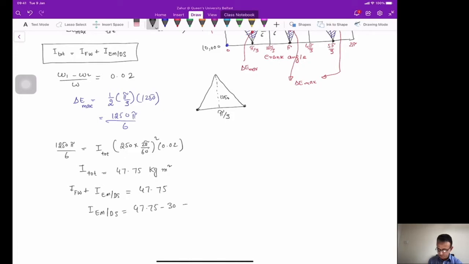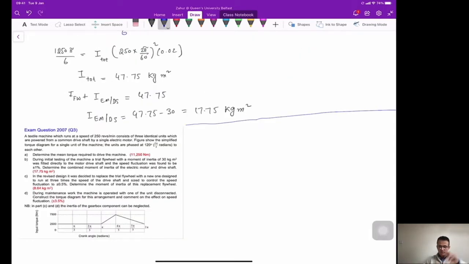So if you subtract 30 from here, you should get this value, and again the unit will be kilogram meter square.